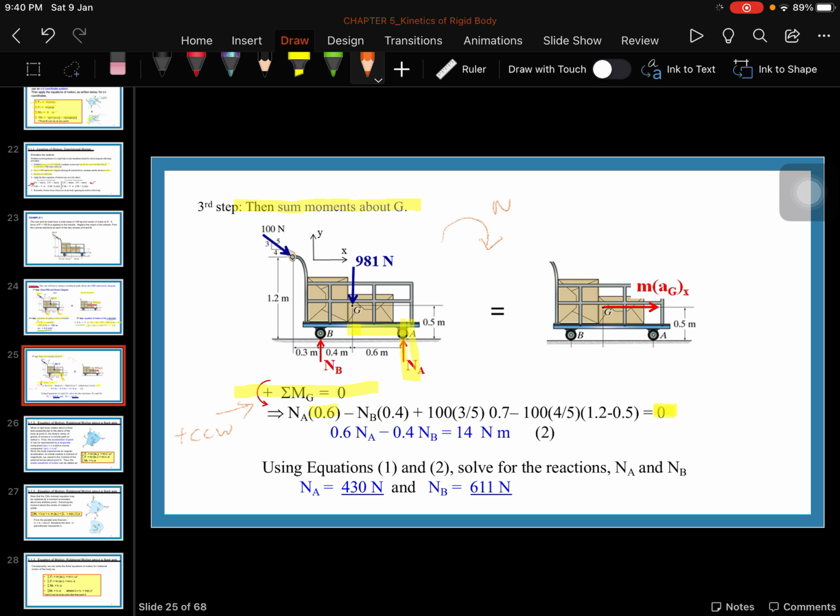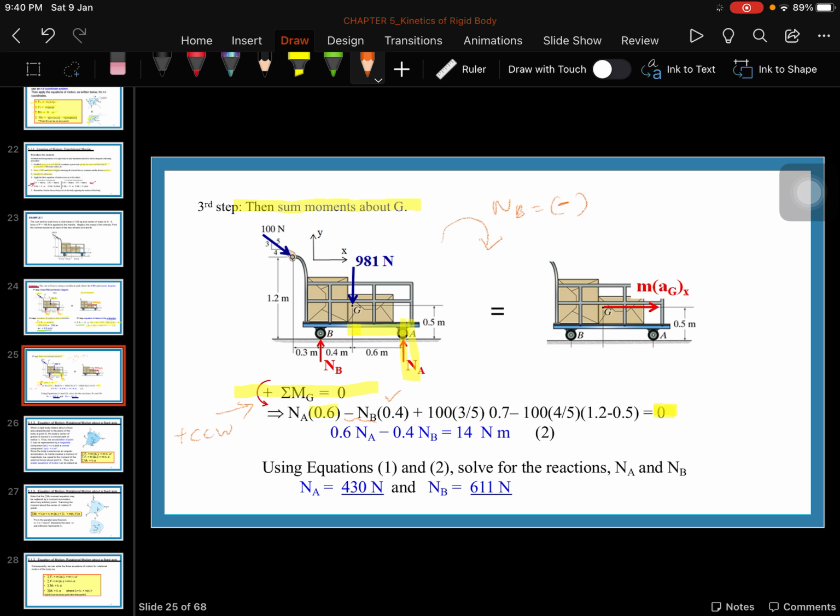So NB will become negative. That's why it is minus NB times 0.4. The distance from B to G is 0.4.